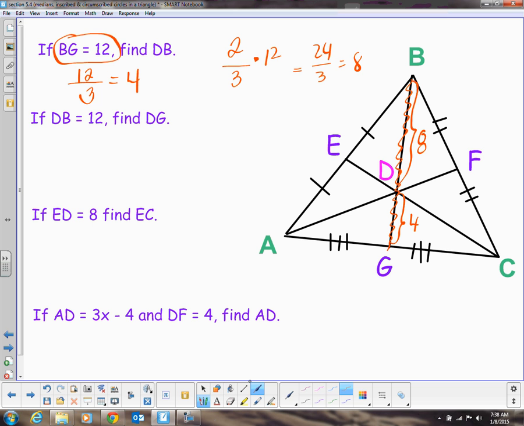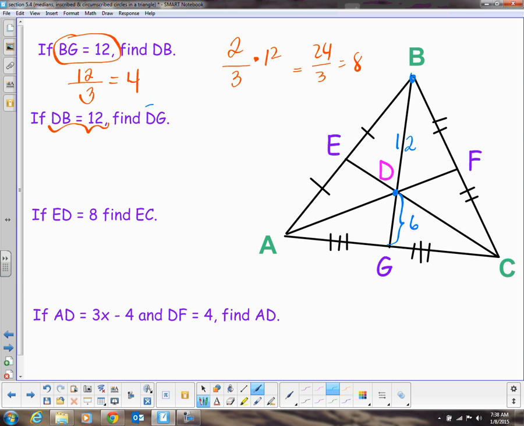All right, new problem. I'm going to get rid of this part. So now we're being told that DB is 12. That means this right here is 12. If this is 12, what's this piece? Six. Because from the vertex to this point of concurrency is double the length from the point to the midpoint.